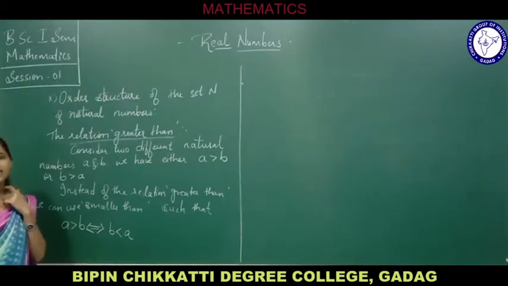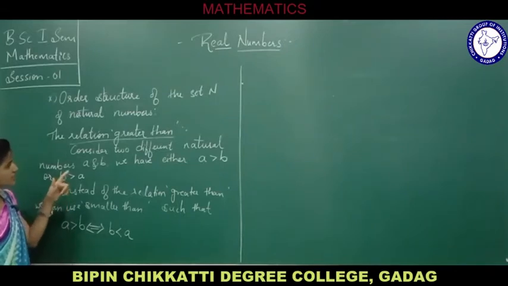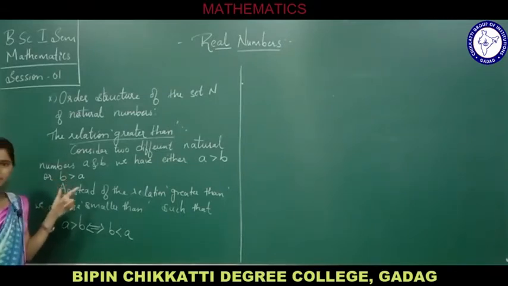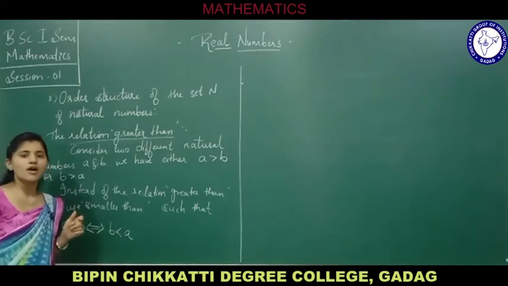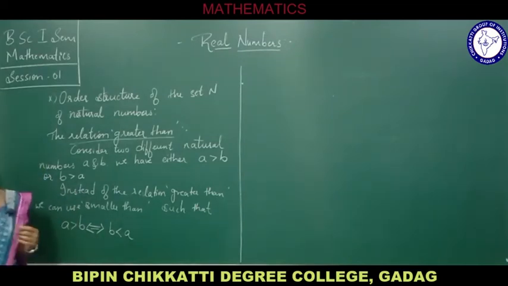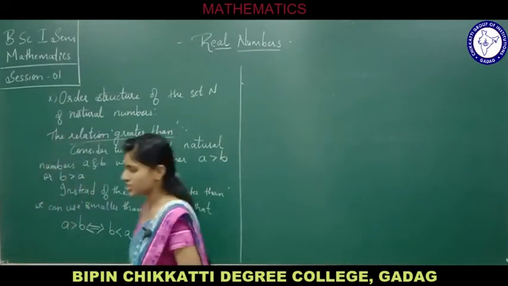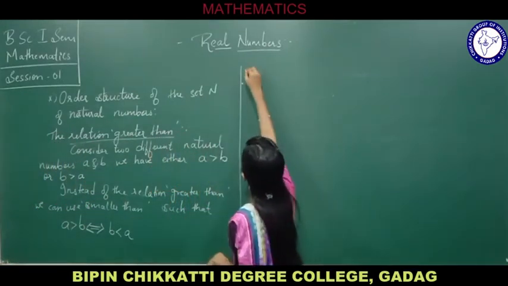The relation greater than between two different natural numbers denotes what is known as the order relation.